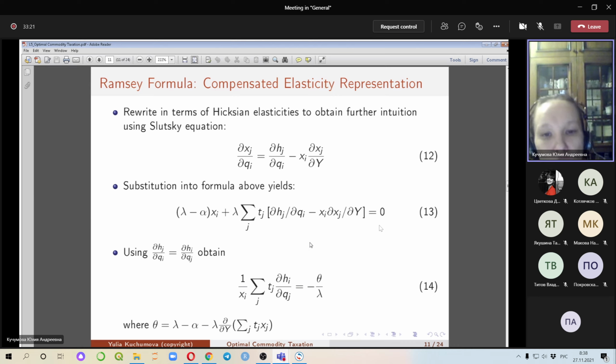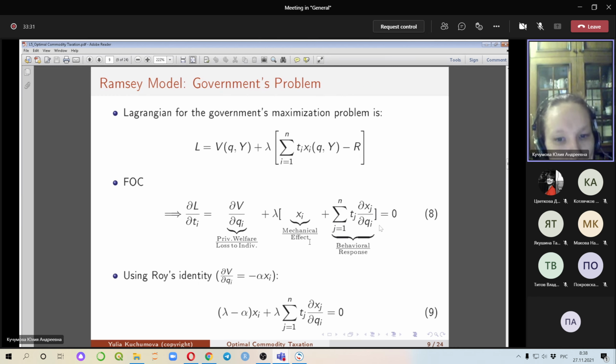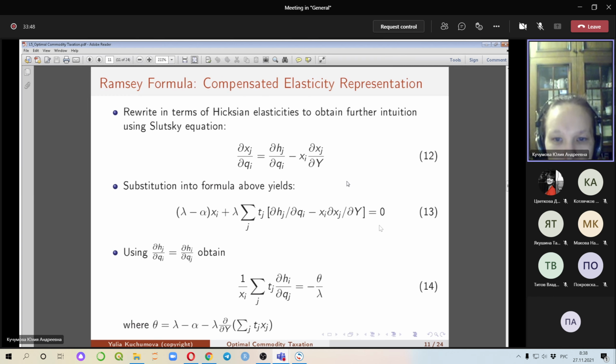By substituting the derivative of xg with respect to qi into our equation 9, in the second term, we will obtain this formula 13.